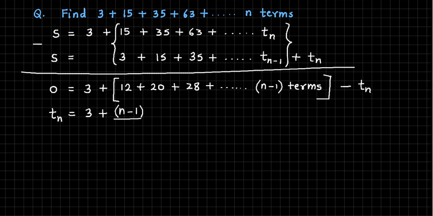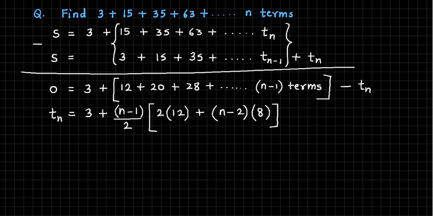As per the standard formula, we have n minus 1 upon 2 into the bracket 2 into the first term, which is 12, plus, in the next bracket, the number of terms minus 1. Here we have n minus 1 terms, so we get n minus 1 minus 1, which is n minus 2, multiplied by the common difference 8.